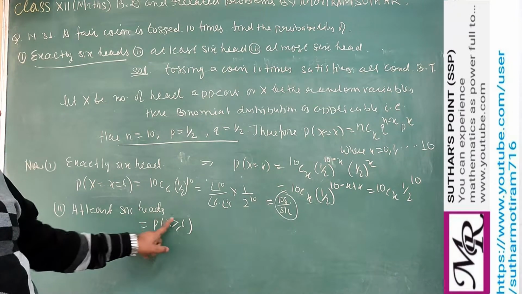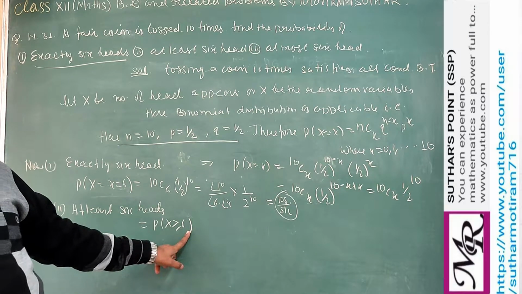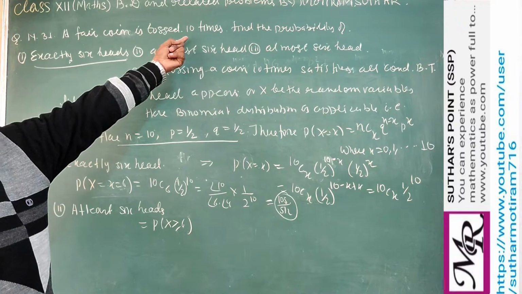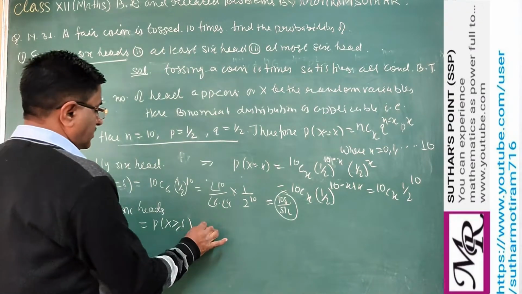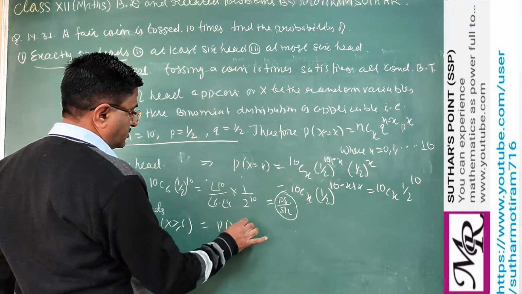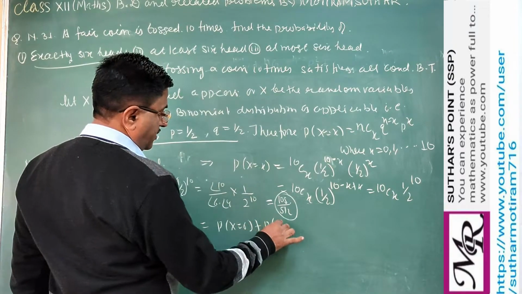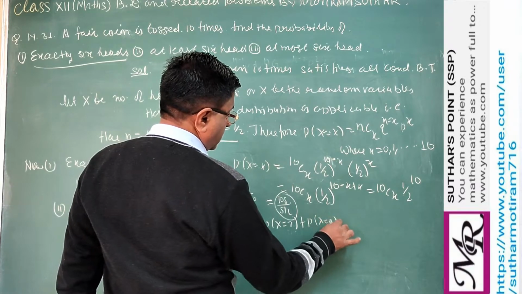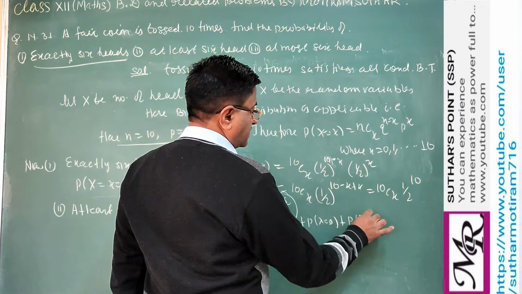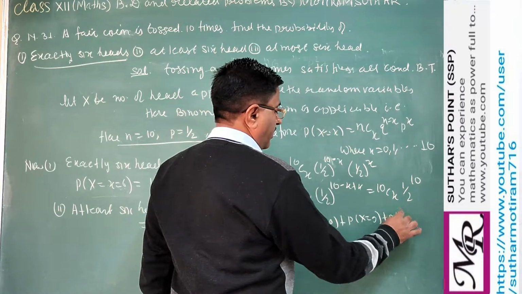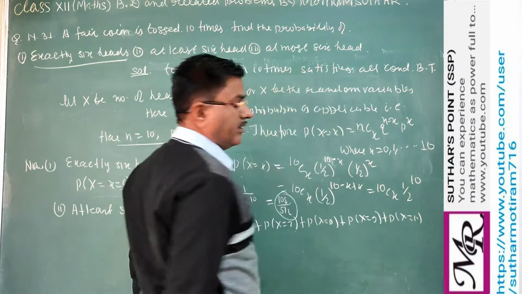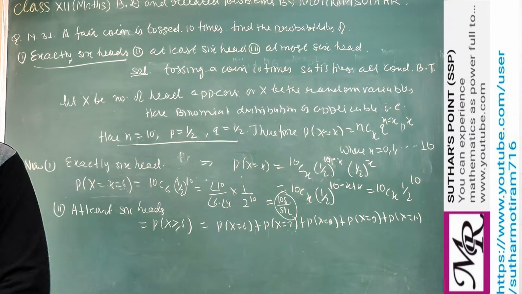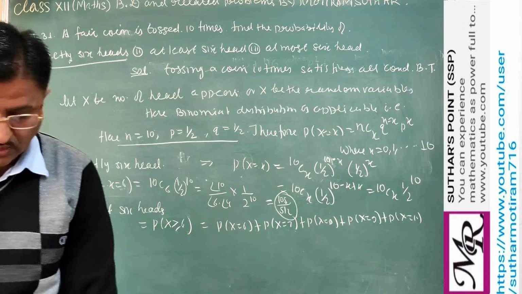And that's why I have written 6 here. So from 6 to what? The total number of times. So we can say this equals the probability of x equal to 6, or x equal to 7, x equal to 8, or x equal to 9, or x equal to 10. So we want to find the sum of all these cases.